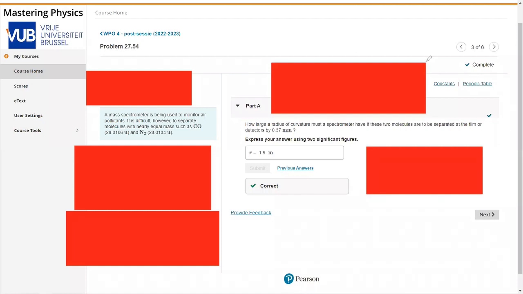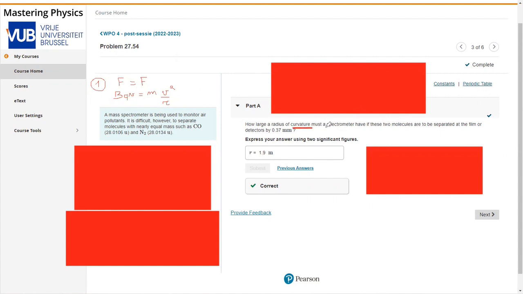Okay, guys, this is the chart exercise. So let's get it. The first one: in this situation, they are talking about the magnetic field, because I read it was the spectrometer, and they are talking about the centripetal force because they are curved.